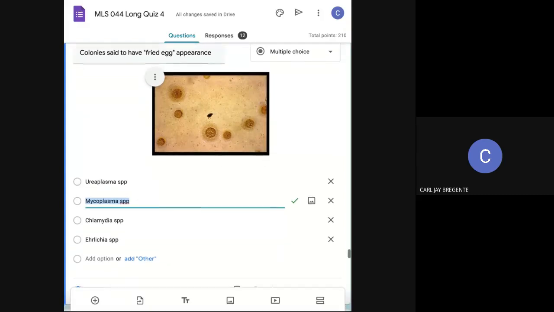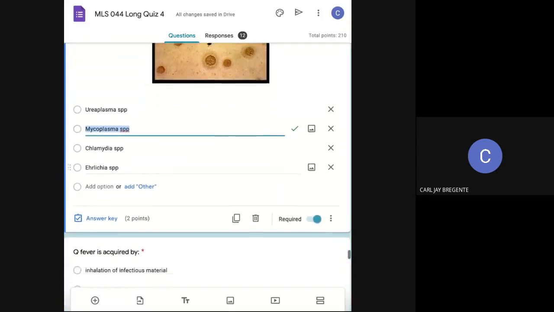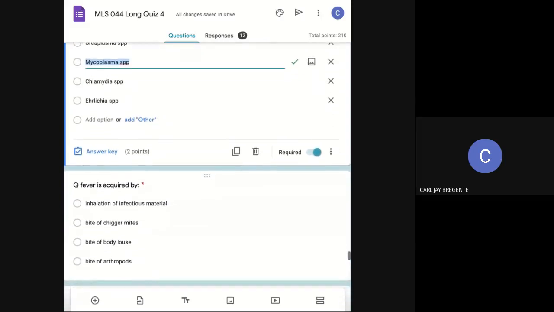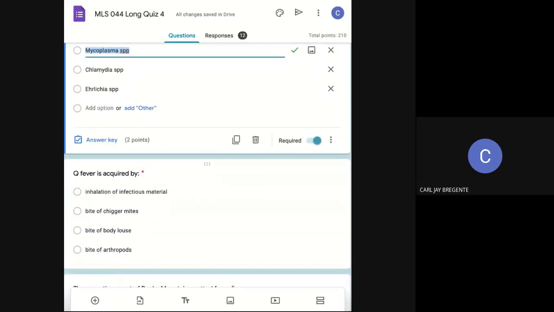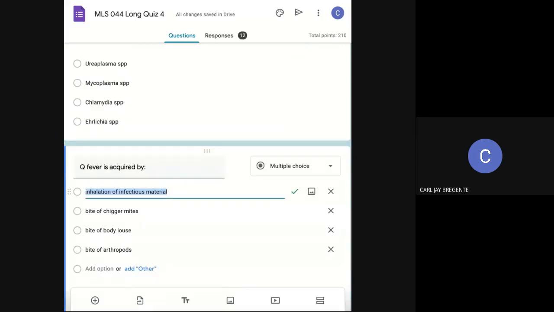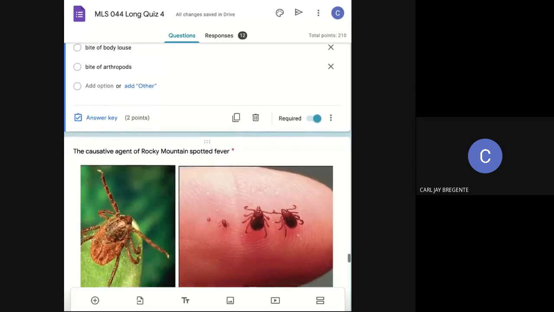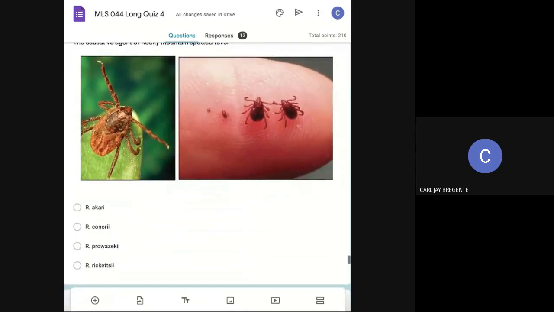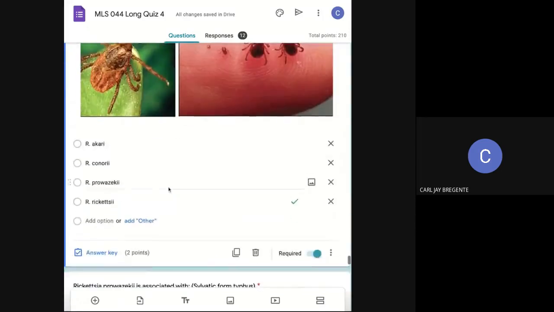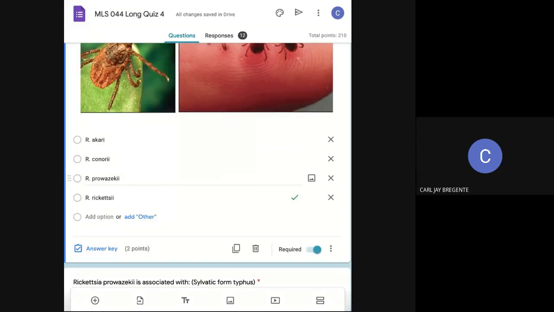So, memorize those characteristics. Q fever is caused by Coxiella burnetii and it is acquired by inhalation of infectious material. The causative agent of Rocky Mountain spotted fever is Rickettsia rickettsii.